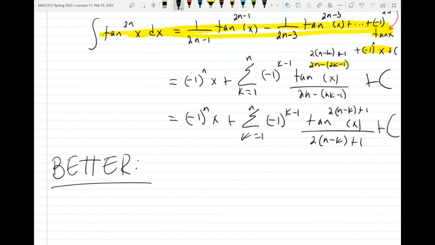So for example, what would be the Fibonacci sequence? You begin with 0 and 1. Then the next term is the sum of the previous two. So the next one is a 1. Then what's the next one? A 2, then a 3, 5, 8, and so on. That's called the Fibonacci sequence. It has to do with the reproduction of rabbits and a bunch of other stuff in nature, okay? So what would be the recursive definition?